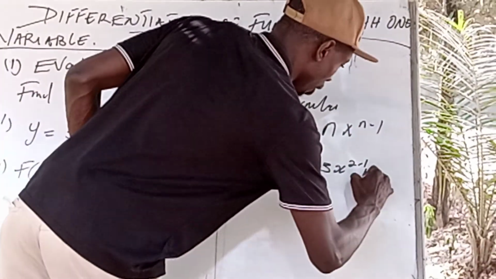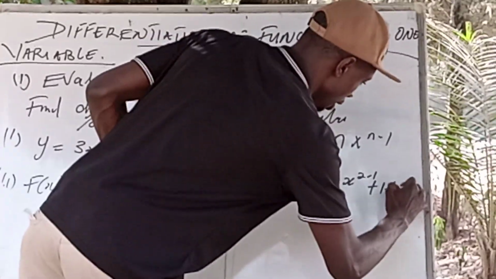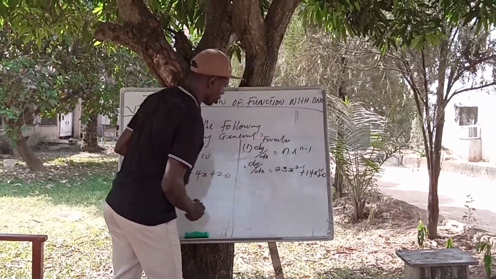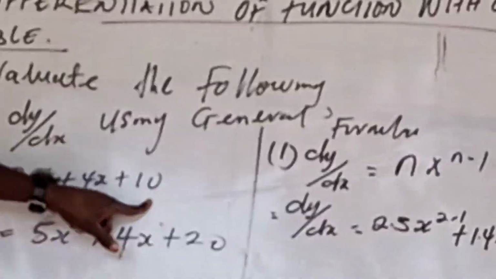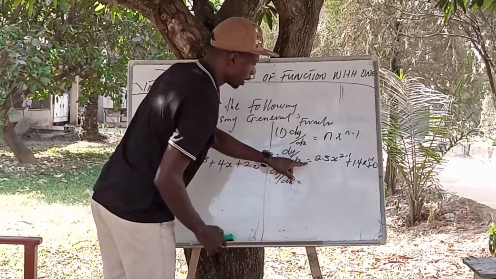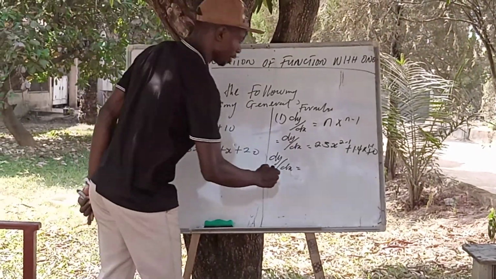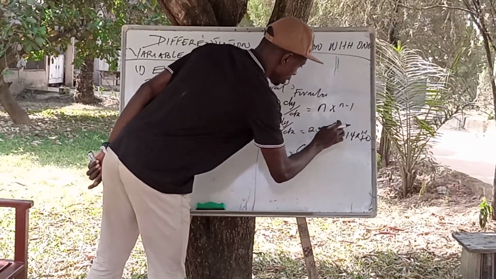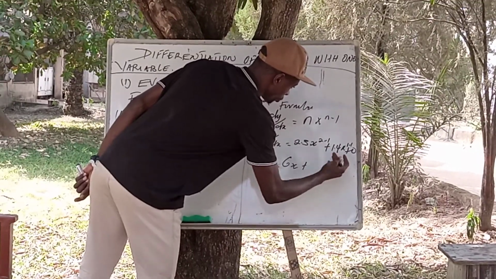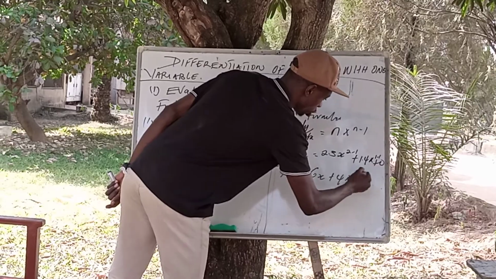Then plus 4x, I do the same thing: 1 times 4 times x raised to power 1 minus 1, plus 0, because this is a constant. So dy/dx will give me 3 times 2, which is 6, so we have 6x. Then 2 minus 1 is 1, so you leave it that way. 1 times 4 is 4, and we have 4 times x to the power 1 minus 1, which is 0.